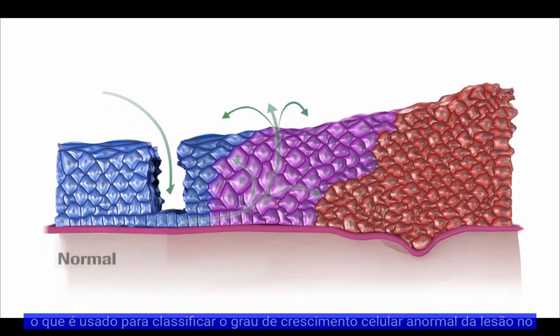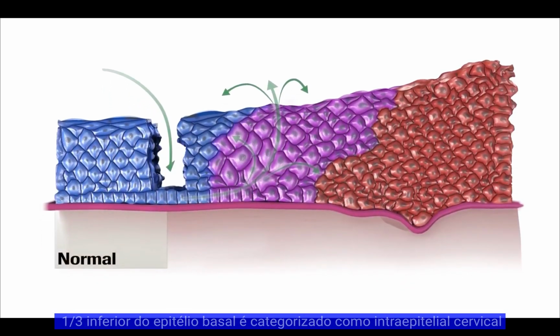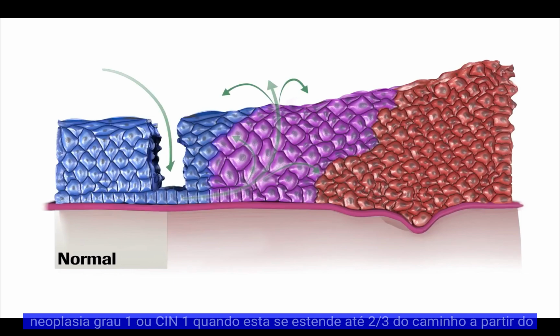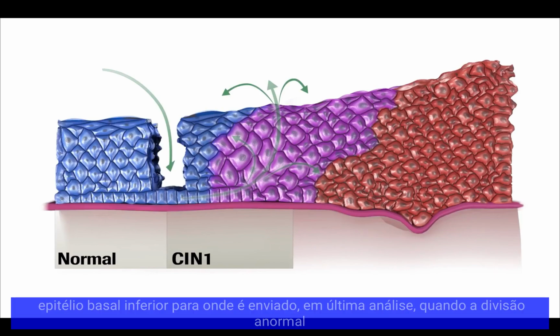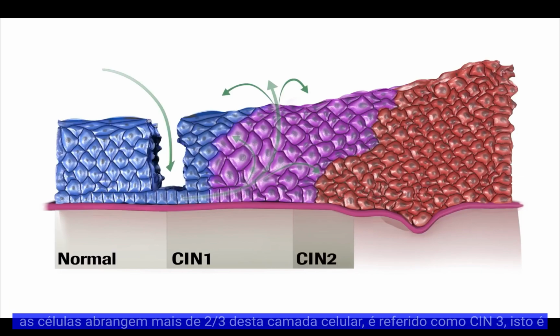Abnormal cell growth in the lower 1/3 of the basal epithelium is categorized as cervical intraepithelial neoplasia grade 1, or CIN1. When this extends up 2/3 of the way from the bottom basal epithelium, it is CIN2. Ultimately, when the abnormally dividing cells span more than 2/3 of this cell layer, it is referred to as CIN3.